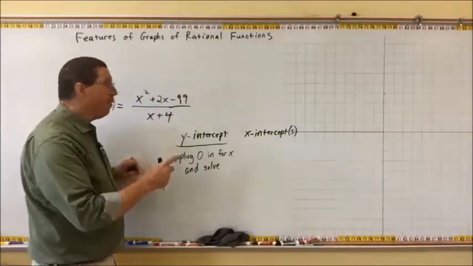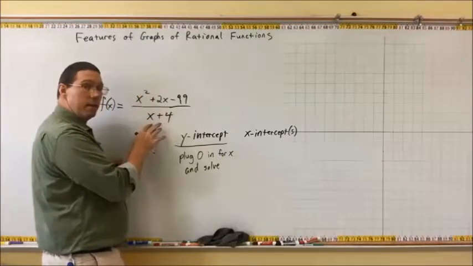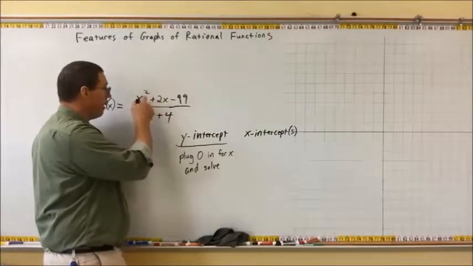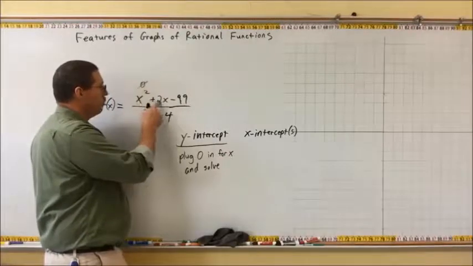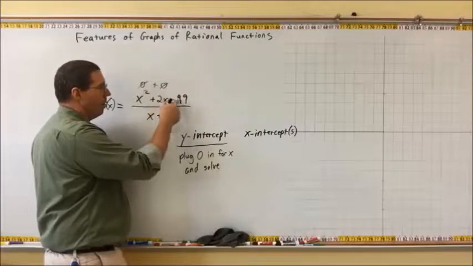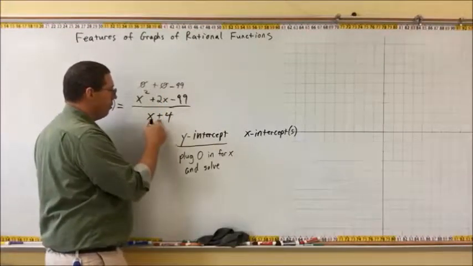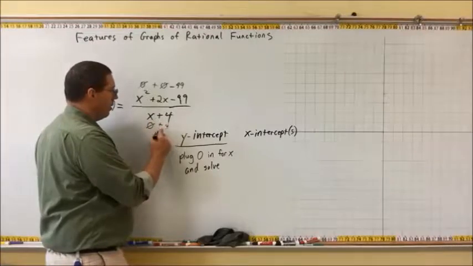Note that whenever you put a 0 in for x, any term that has an x in it becomes 0, because 0 squared is 0. 2 times 0 is 0. So 0 plus 0 is 0 minus 99. Put a 0 in here, we get 0 plus 4 is 4.